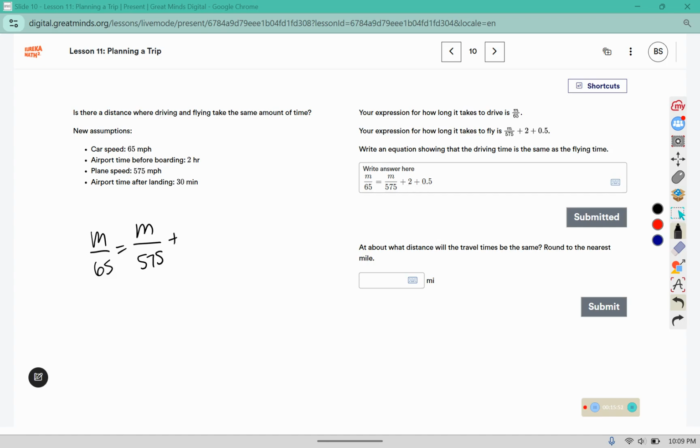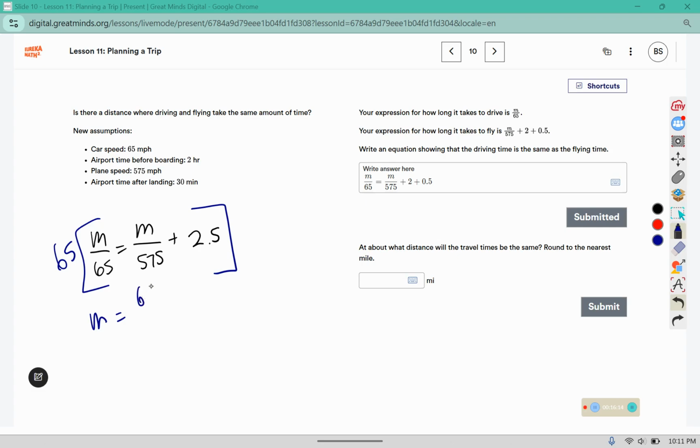Well, 2 and 0.5 can be combined. They are like terms. Then I'm going to multiply both sides by 65. That's going to get rid of this one, turning it into m.